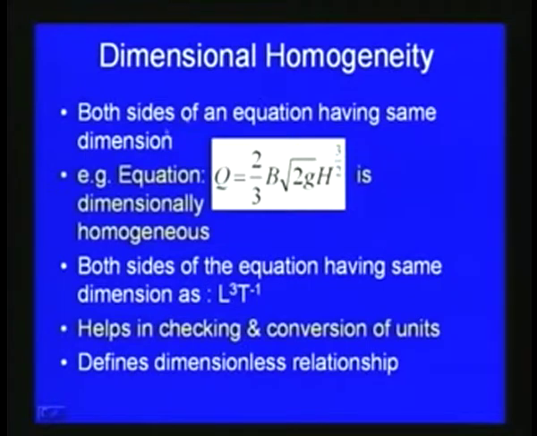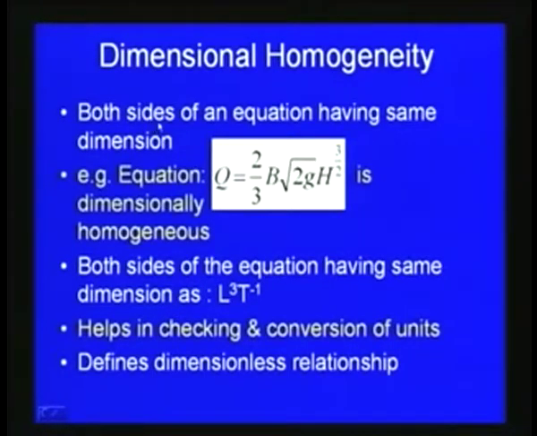Dimensional homogeneity means, as written in this slide, that both sides of an equation have the same dimension. Then the equation is said to be dimensionally homogeneous.